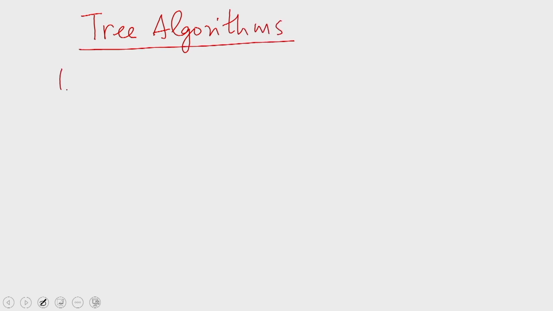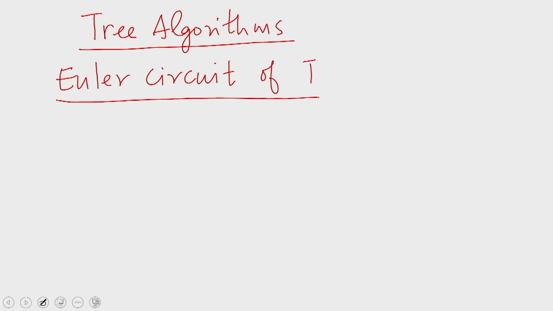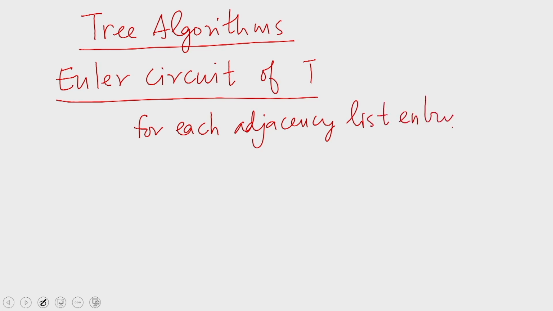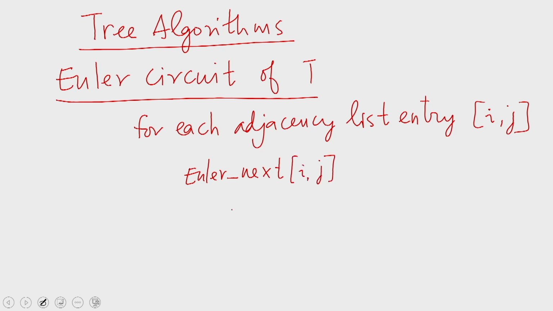The first algorithm is to find an Euler circuit of T. To find an Euler circuit of T, what we do is this: for each adjacency list entry ij, we define the Euler circuit next of ij as the adjacency list neighbor of the twin of ij.